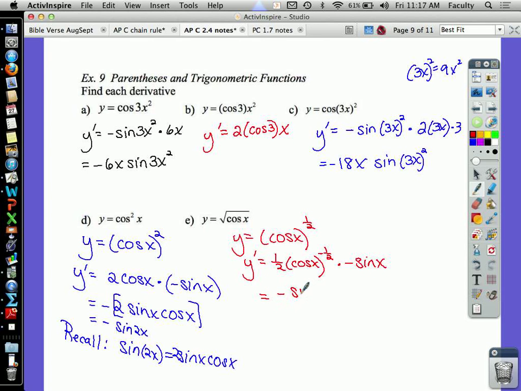So this is negative sine x over 2, and that's really cosine, square root cosine x. If they write a square root, then you probably want to have your answer with square root, but it's not wrong if you leave it as to the 1/2 power. You do not need to rationalize, but we do need to take care of negative exponents. All right, any questions on those 5?